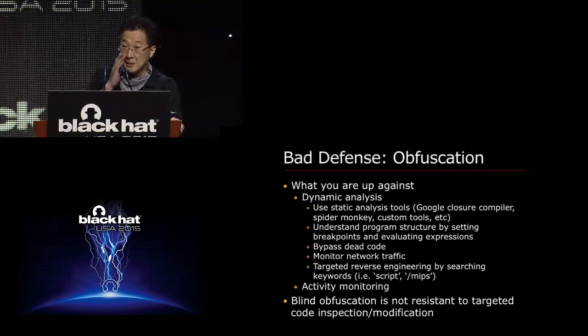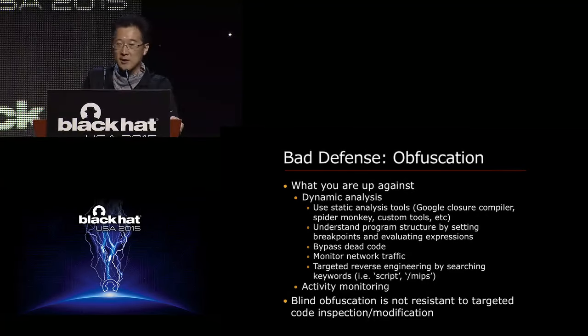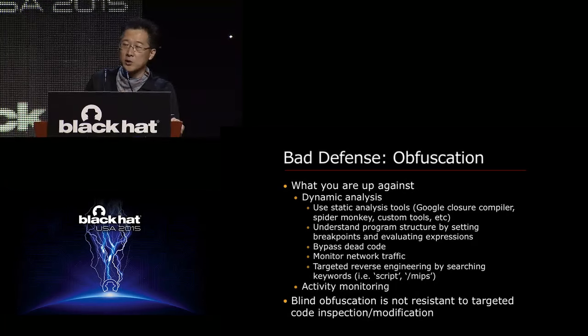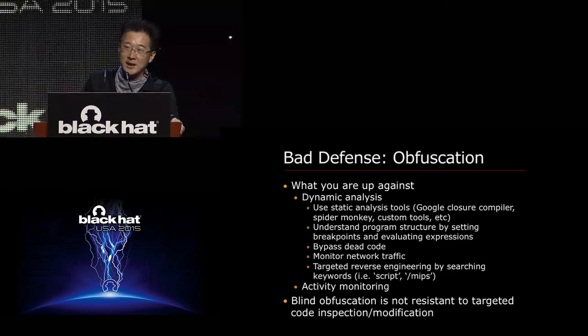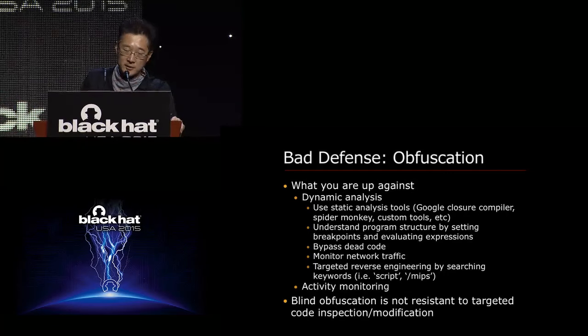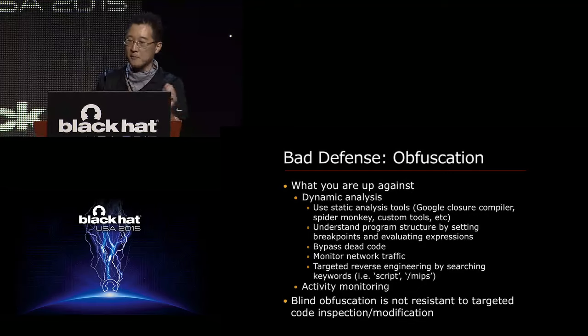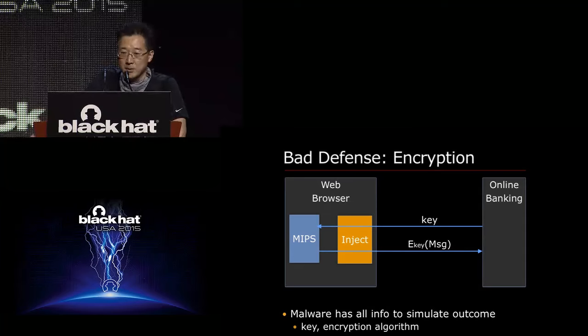So it's really important to understand what the attackers can do or not, because otherwise we could probably spend a lot of time protecting something that's not really worth it. For example, some people believe that using encryption will actually help here.